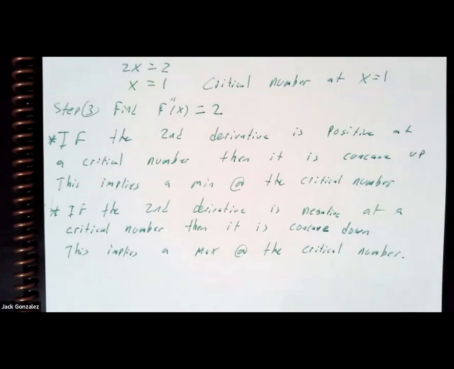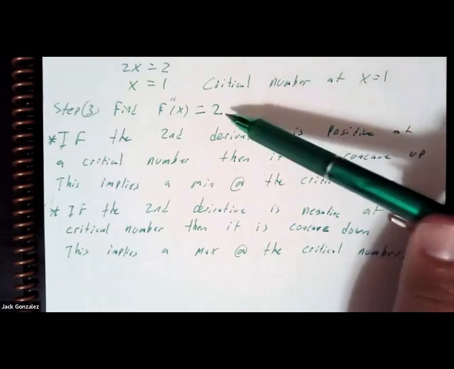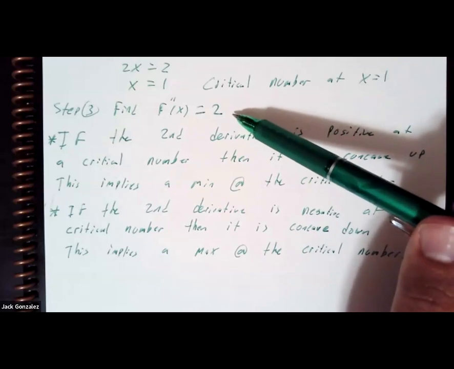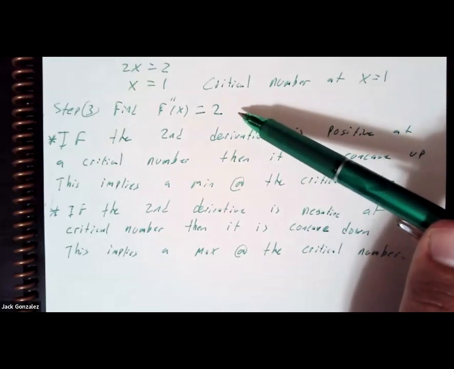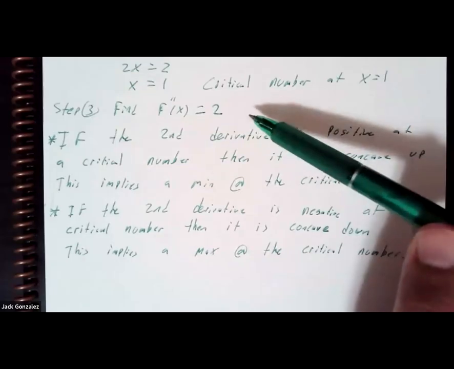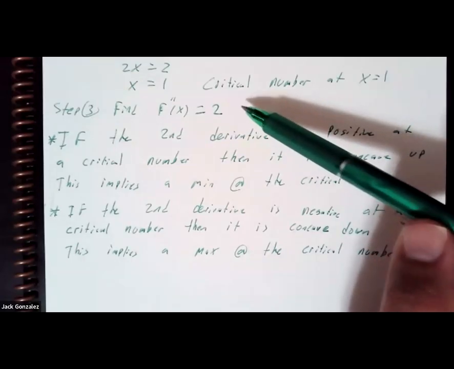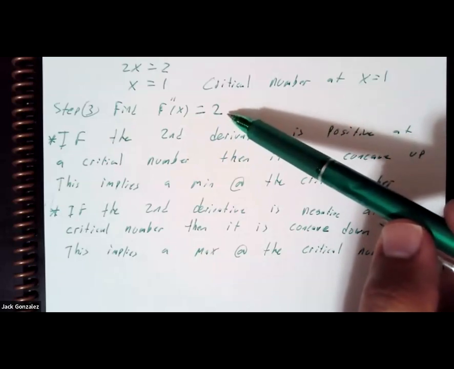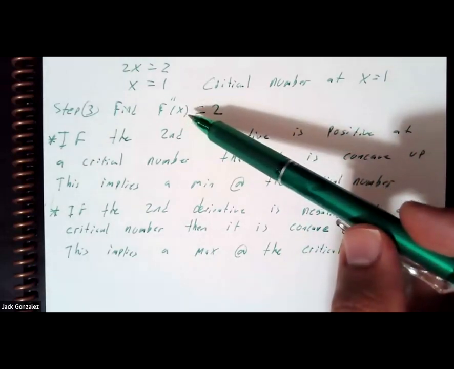So knowing this information, we got a positive number for the second derivative. What does that mean? Concave up. Yeah, it's concave up for sure. But also there's nothing to plug in. It's always 2 for any x.